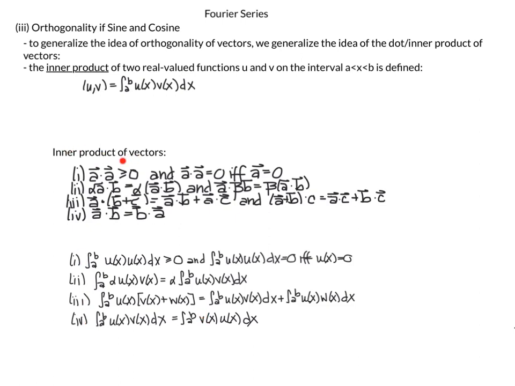By the way, I only wrote the first part of each property, just because I don't want to go through this a lot, but if you remember this from vector calculus, then it's totally analogous. It's an inner product defined for functions.